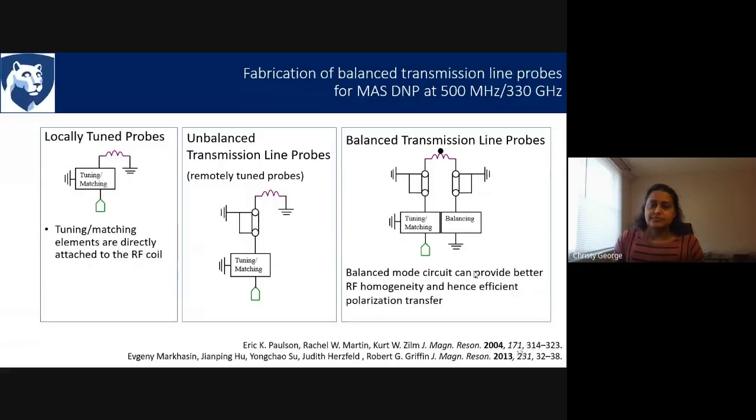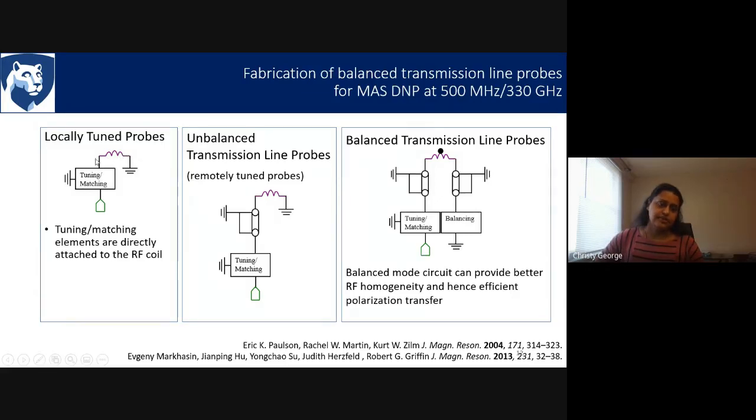Now, these probes or the resonators, the NMR probes, are generally LC circuits, which tune to the specific frequency. And it depends on how these tuning matching circuits are attached to the RF coil. So in this circuit diagram, which I'm showing here, this is the RF coil. Inside this coil is where we place a sample in the NMR magnet.